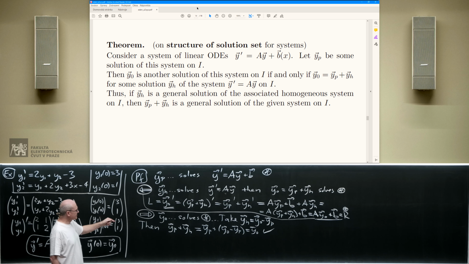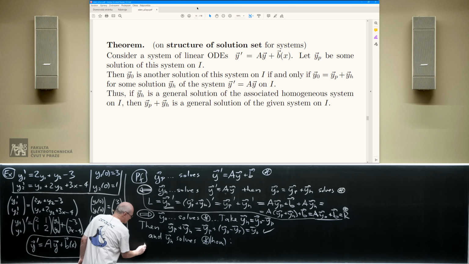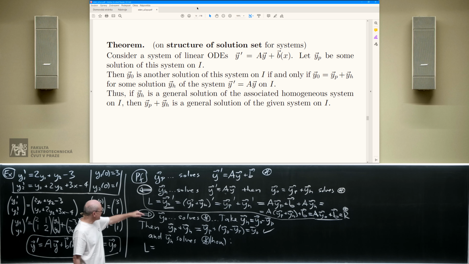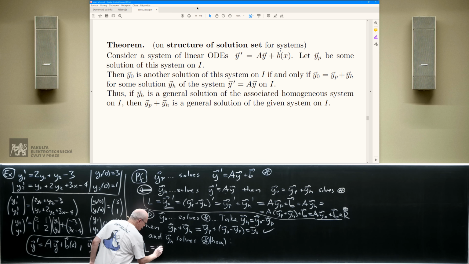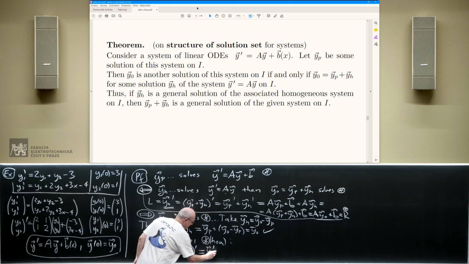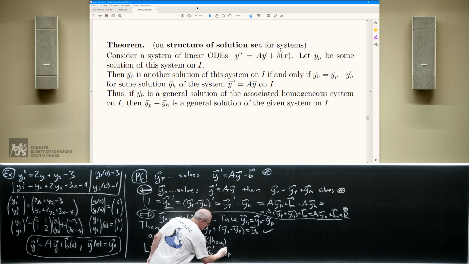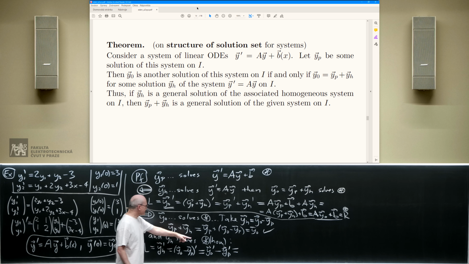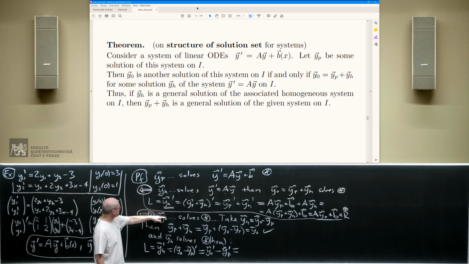So how do I check? Well, let me again substitute. I look at the left-hand side, which is the derivative of yh. I substitute for yh, and I get y naught minus yp derivative, and again, linearity, y naught derivative minus yp derivative. Now, y naught is a solution of the original equation.